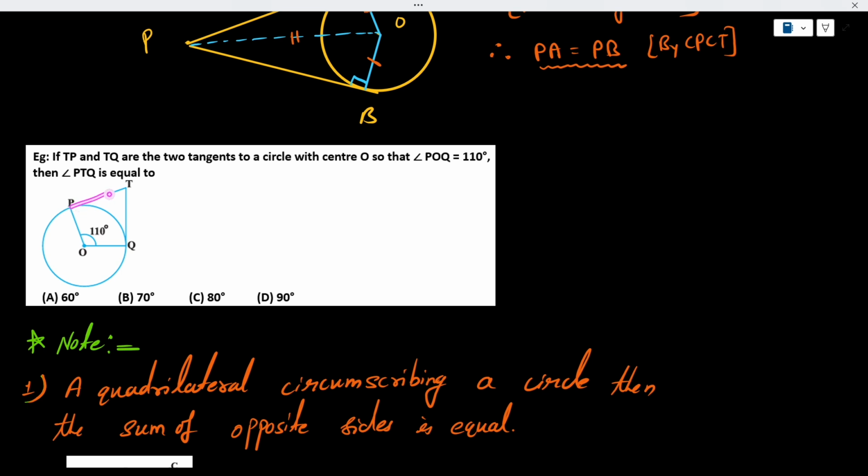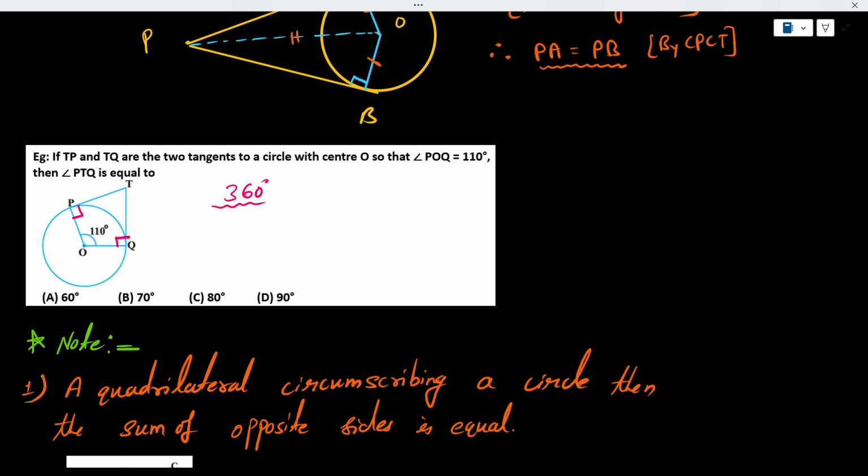It says PT and TQ are the two tangents drawn from the exterior point such that the angle POQ is 110. We need to find the measure of angle PTQ. The angle sum property of a quadrilateral is 360 degrees, right? Now you know that the tangent is perpendicular to the radius, so these two angles are always fixed, 90 and 90 degrees.